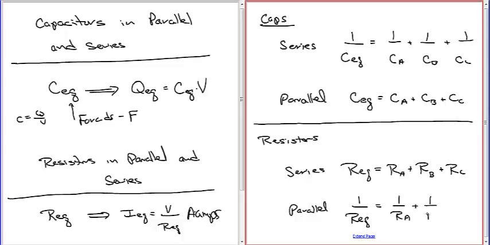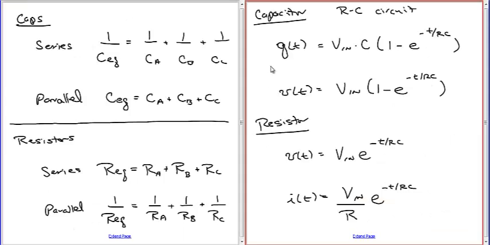So just review your handouts and make sure you have the formulas available so you don't forget them. And then finally, the time equations for capacitors and resistors in an RC circuit.